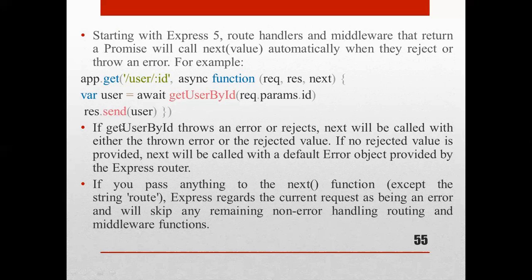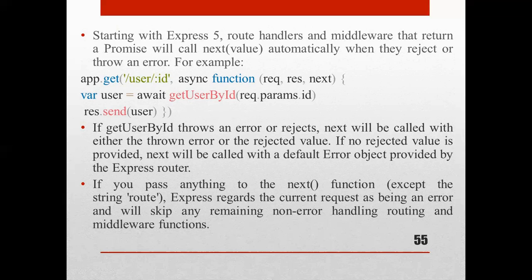Here you can see that if getUserById throws an error, or if there is any rejection, next will be called with the value provided within the next function. If no rejected value is provided in next, then next will be called with the default error object provided by the Express router.